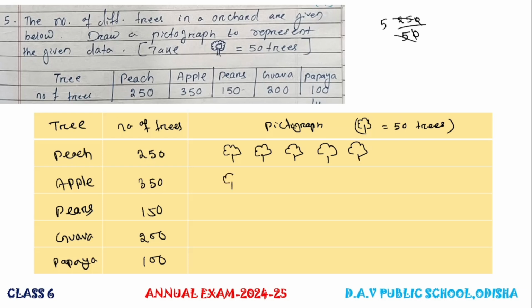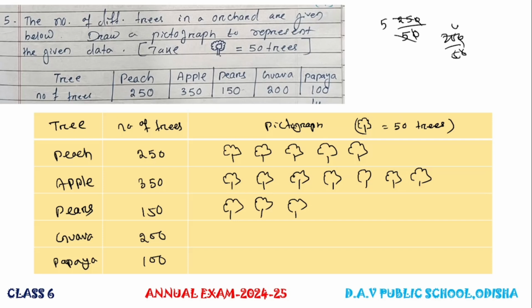So 1, 2, 3, 4, 5, 6, 7. Next one, 150. 150 means 3. So first, second and third. 200 means 200 divided by 50, that is 4. So 4 trees. Now 2 trees. Clear? Complete.